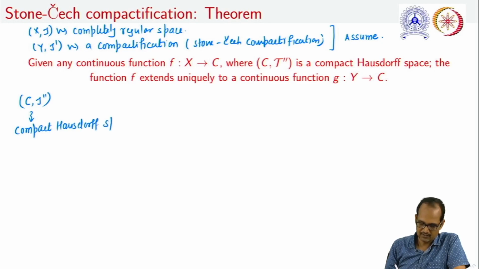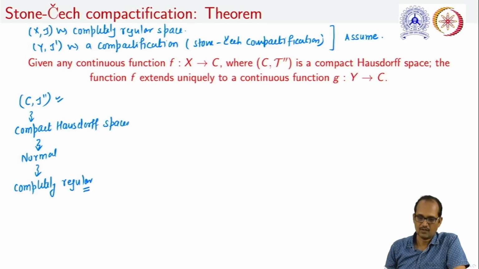This is given to be a compact Hausdorff space. We have already discussed that every compact Hausdorff space is normal and every normal space is completely regular. So this C, tau double dash, is a completely regular topological space.